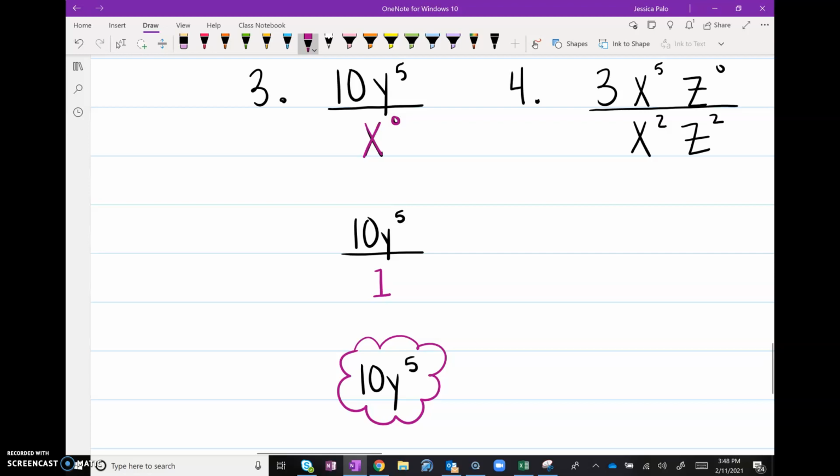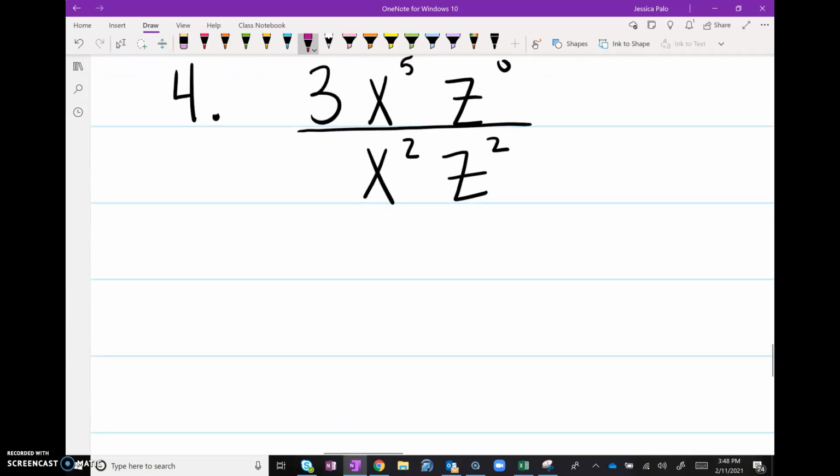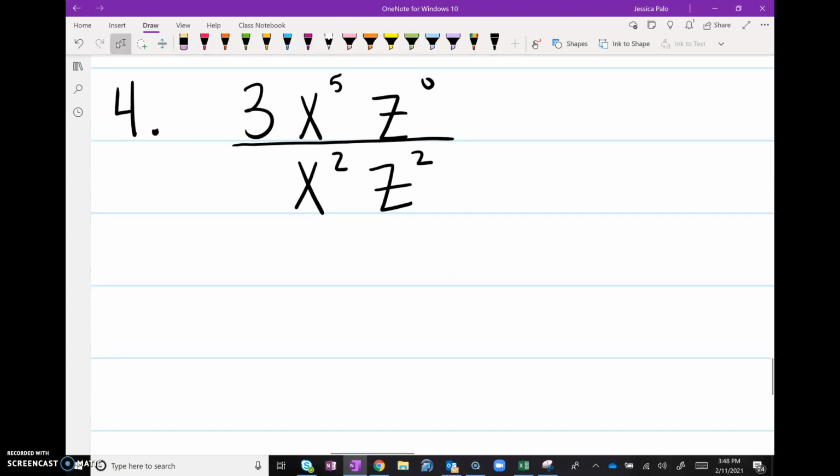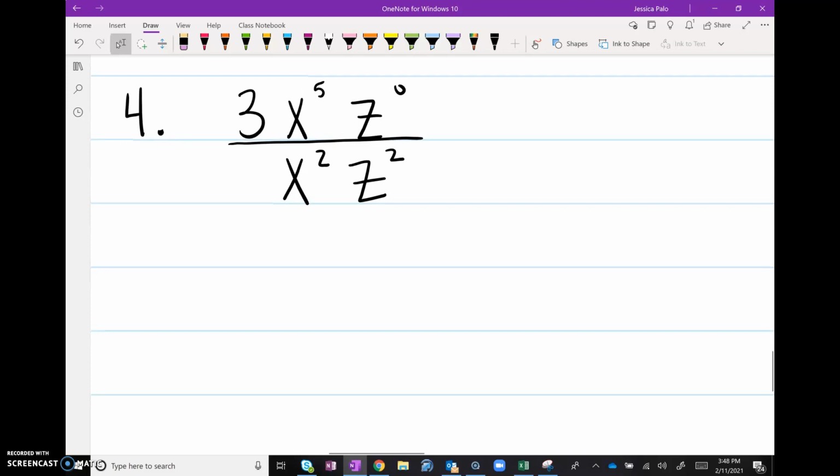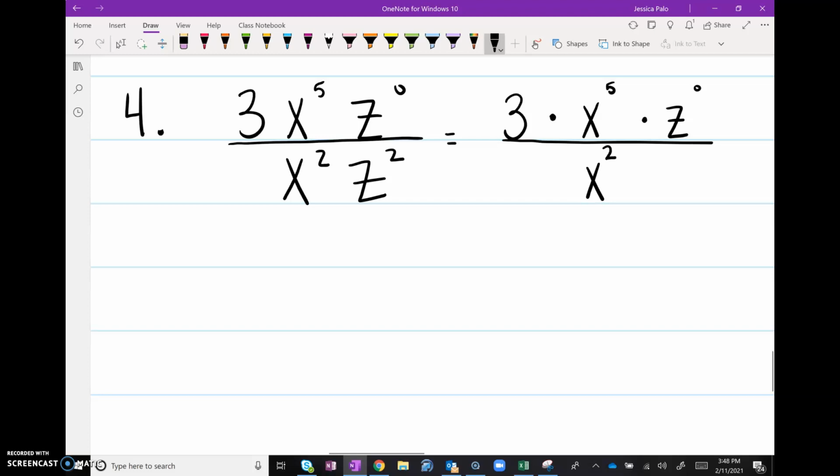Number 4, now we're bringing in some quotient rules. We're going to have to use the quotient of powers property. So there are a lot of factors in this problem, so let's rewrite it so we can see it a little bit more clearly. 3 times x to the 5th times z to the 0 power, and that's over x squared times z squared.